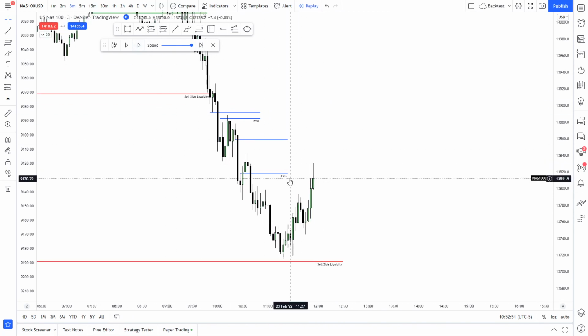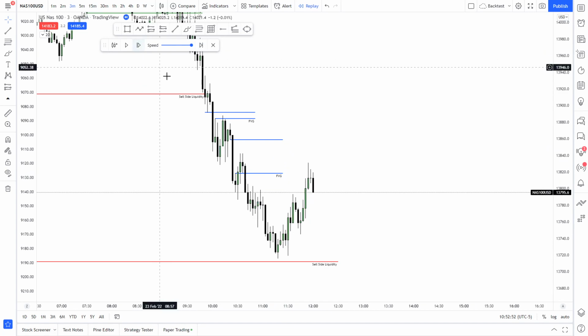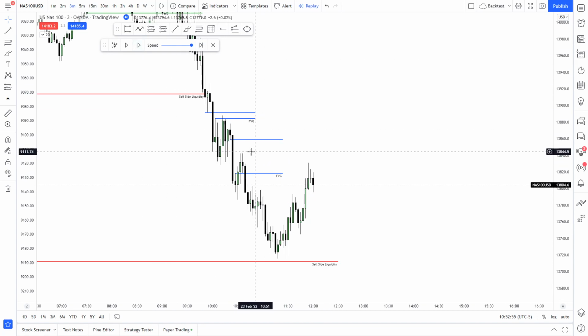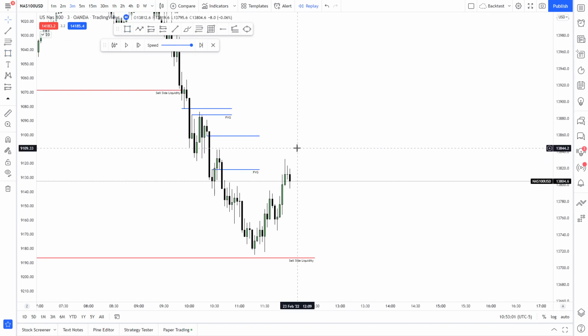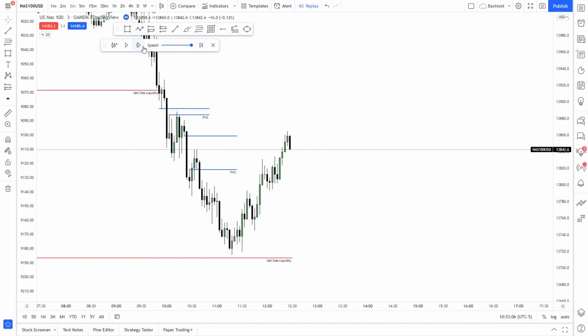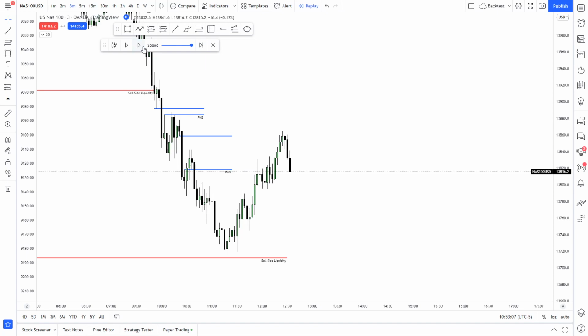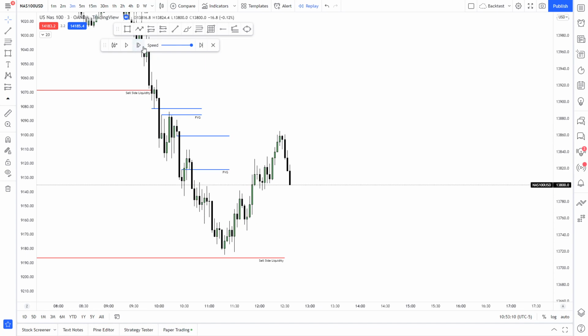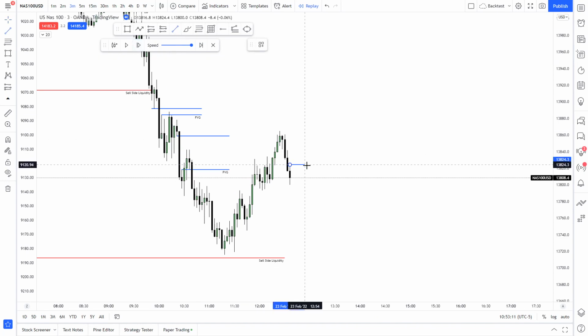Okay, it looks like it's going to give another entry. It's coming back into this FEG right here. We could see it come up a little higher and then continue to drop, and then give us an entry as well. So here I would look for a FEG entry right here.